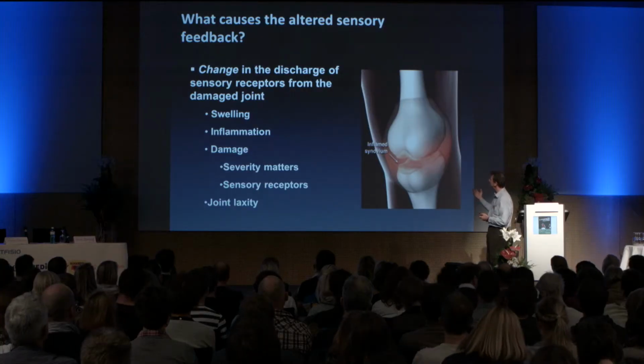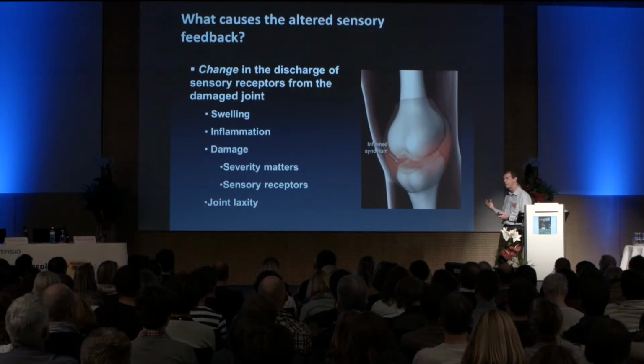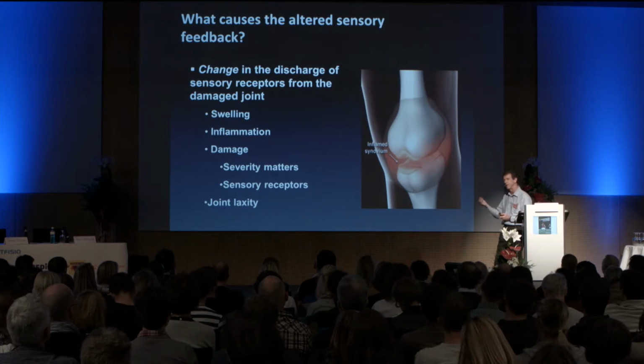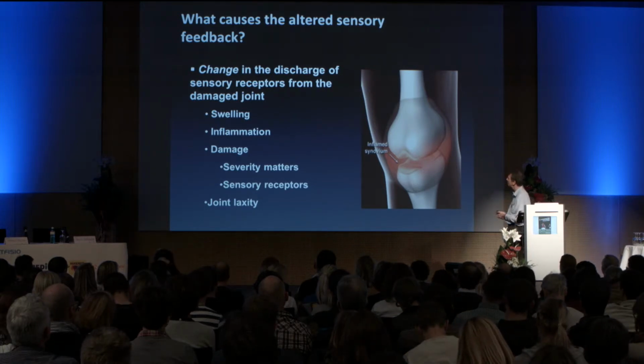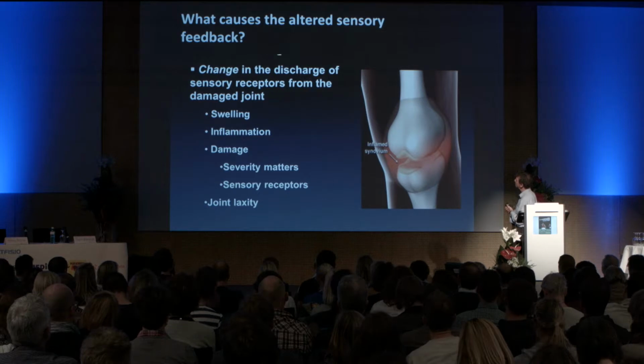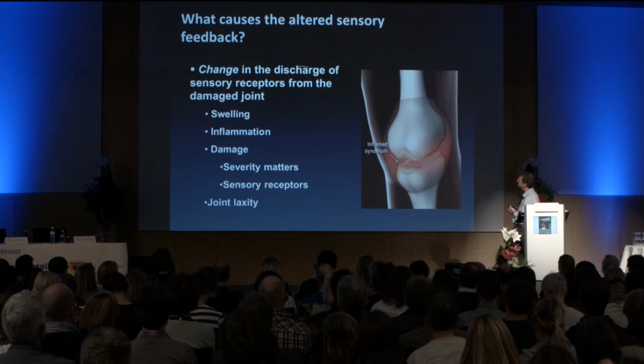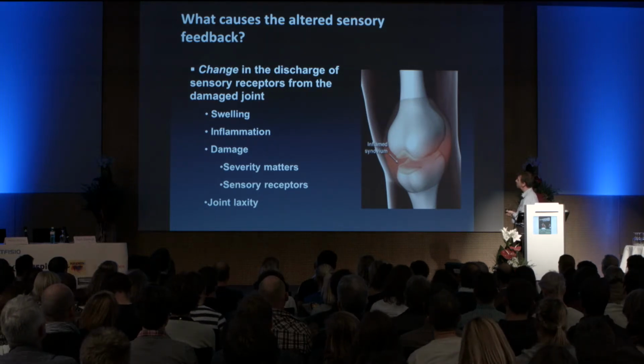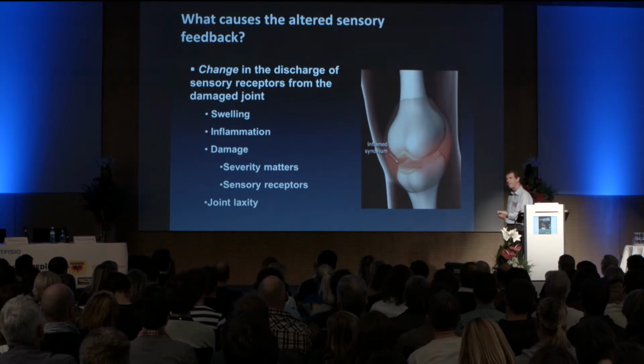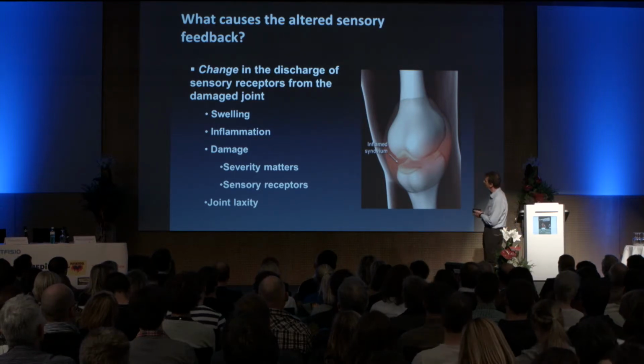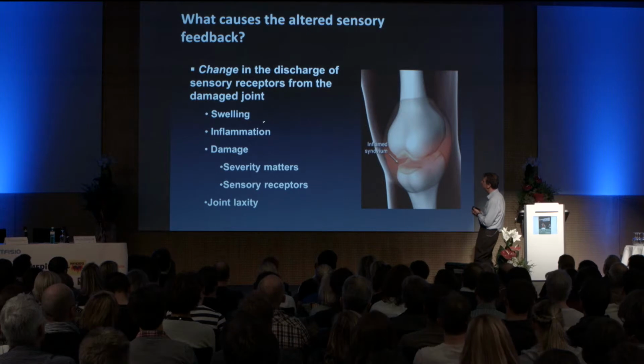So what is the altered sensory feedback that I'm talking about that kicks this off, if you like, or starts the whole process going? The change in discharge to the sensory receptors from the damaged joint. Well, there are a number of factors that can influence that. The first of those is swelling.